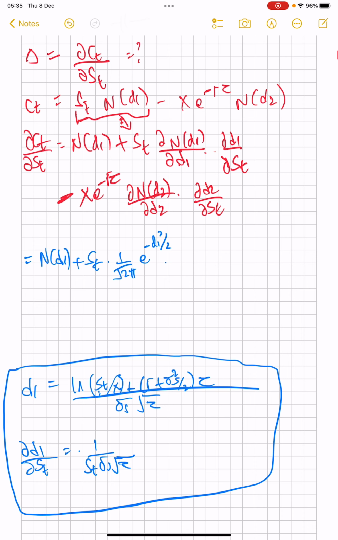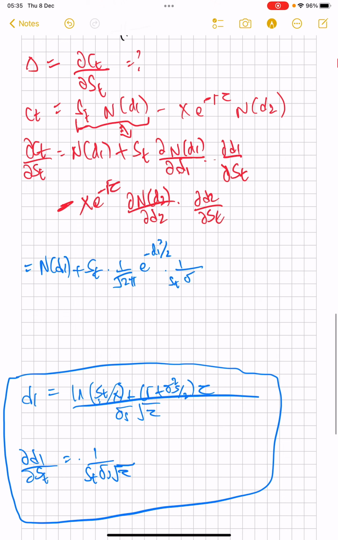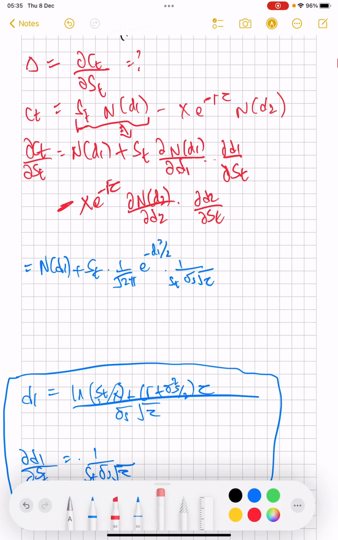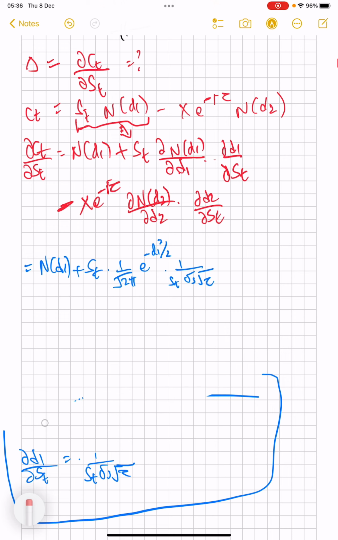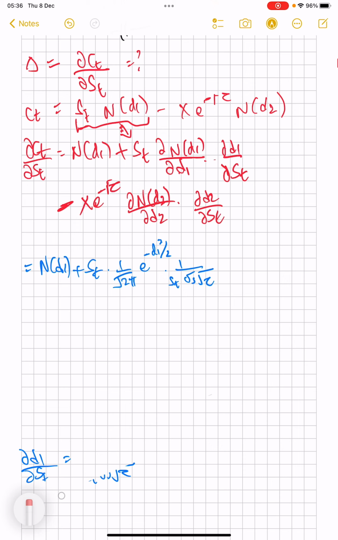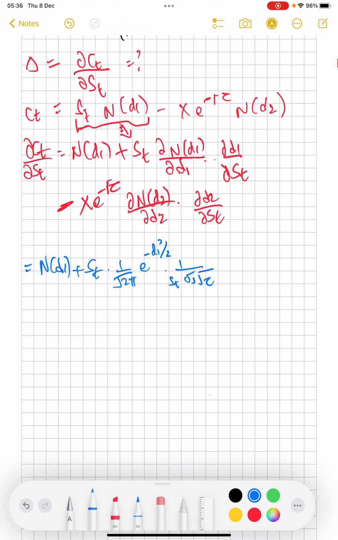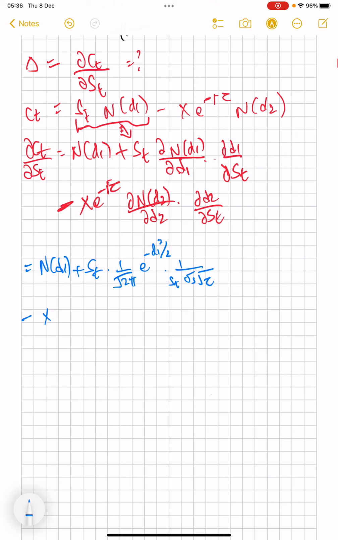So that is going to be, I'm just going to erase it for space. So minus X.